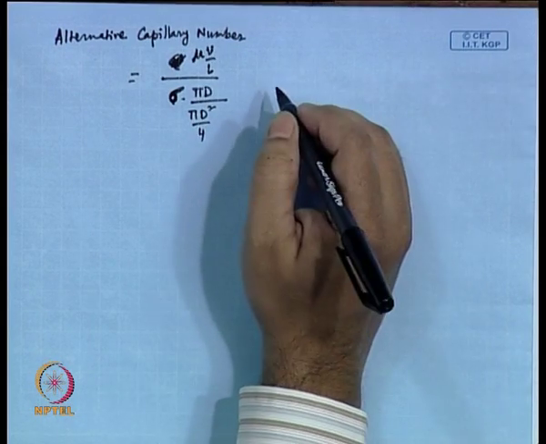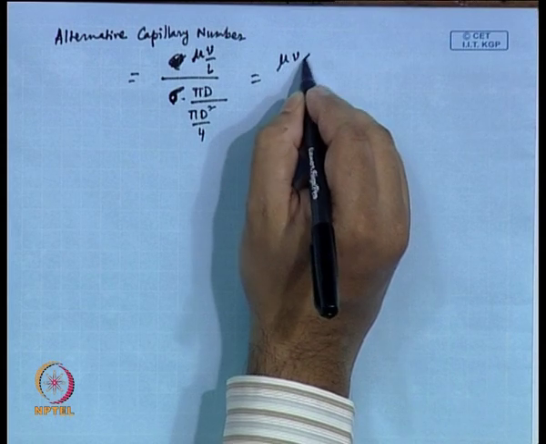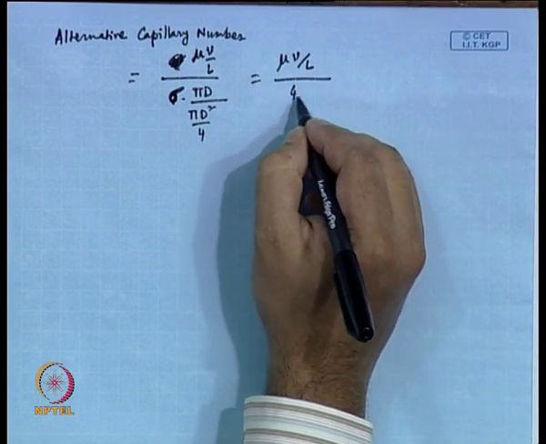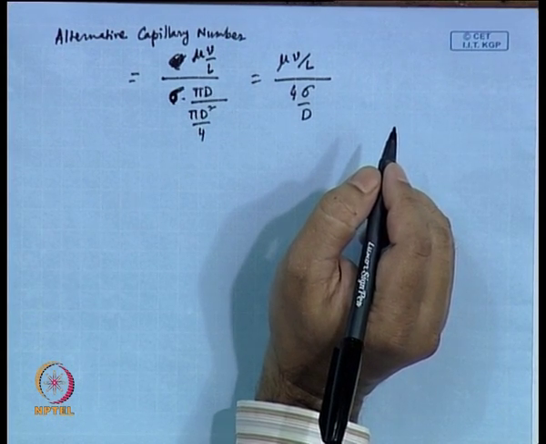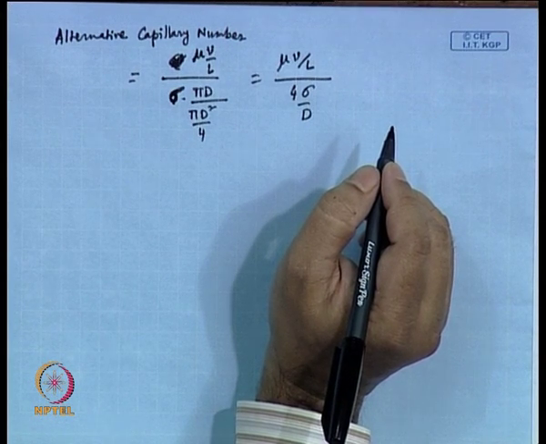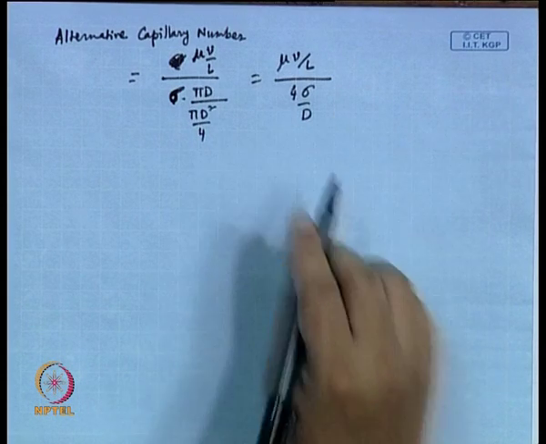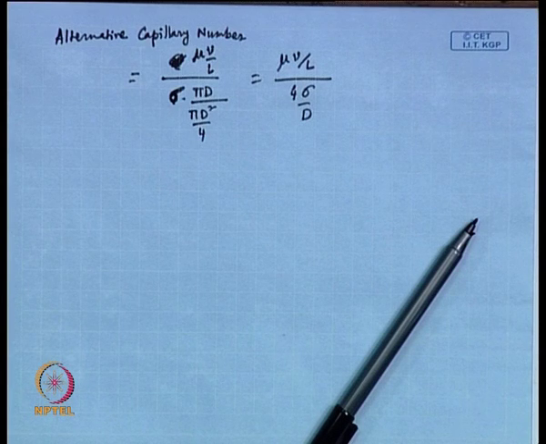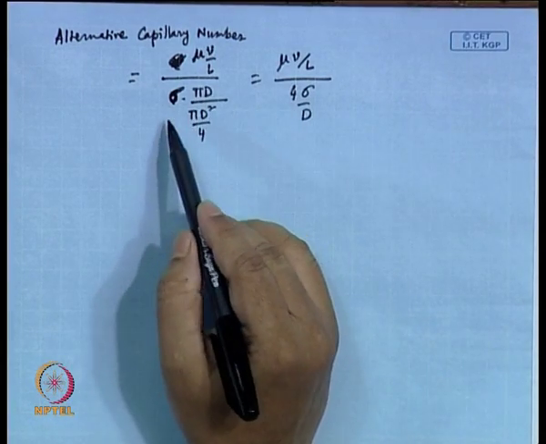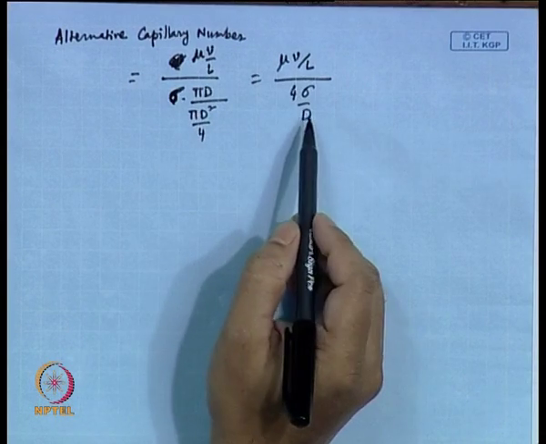So, what you would get in this case is mu v by L divided by 4 sigma by d. Is there any other way you can get this 4 sigma by d? I think this is the interpretation of 4 sigma by d.